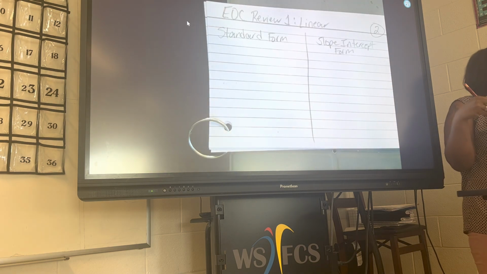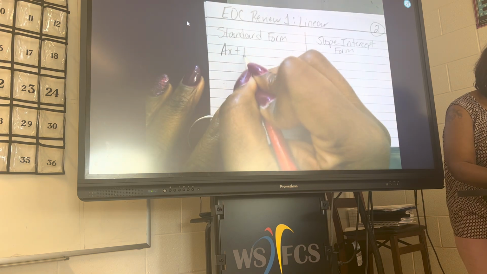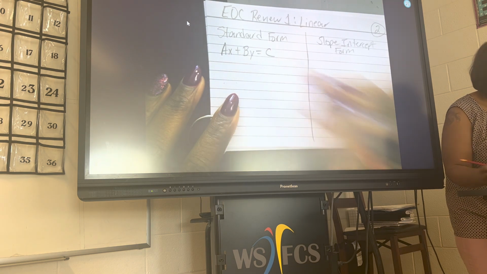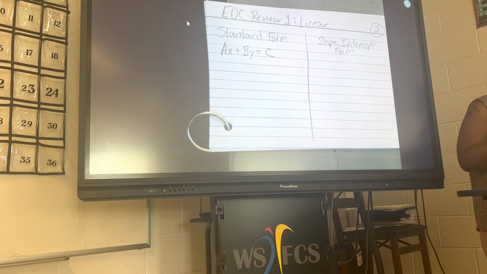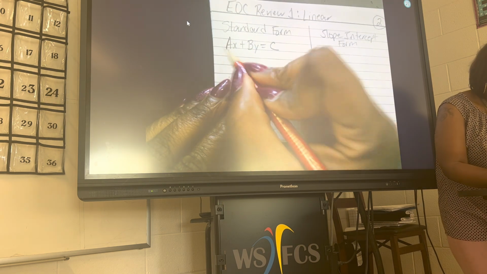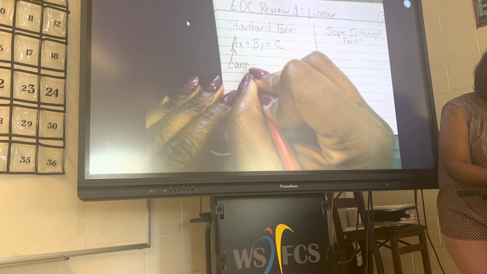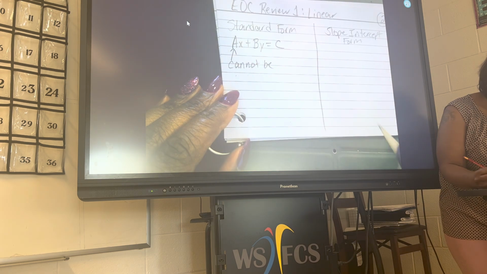The standard form for a linear function is ax plus by equals c. Okay? A, B, and C are numbers. But A, if it's in standard form, cannot be negative.